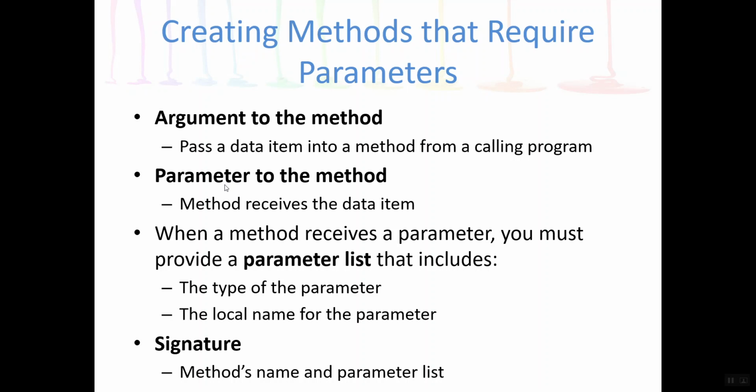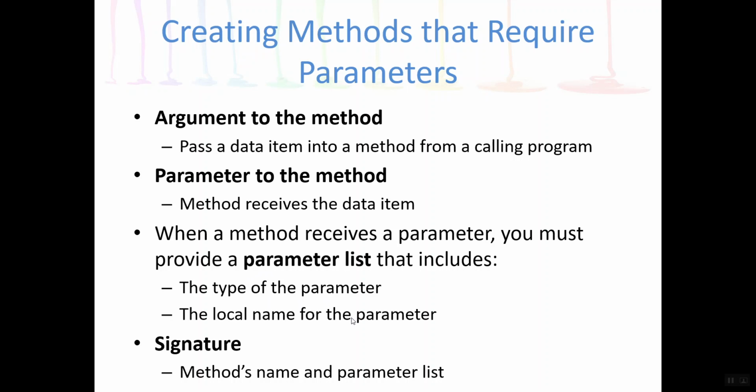A parameter is basically just like a variable for that method, but it's a special variable that receives a value from its caller. And when a method receives a parameter, we must provide a parameter list that indicates what is the type of the parameter and what is its name. And that'll make a lot more sense once we see an example of this.